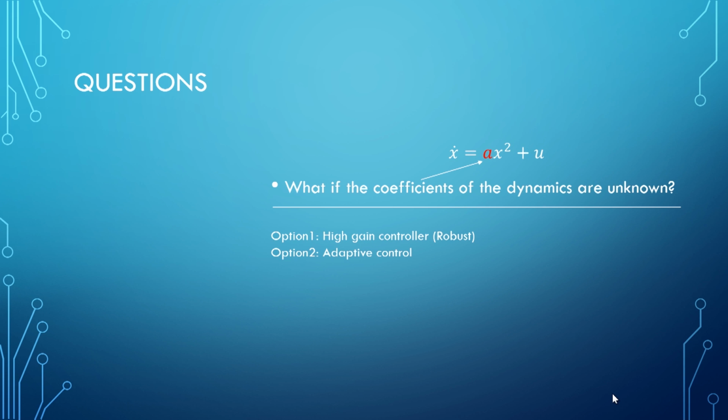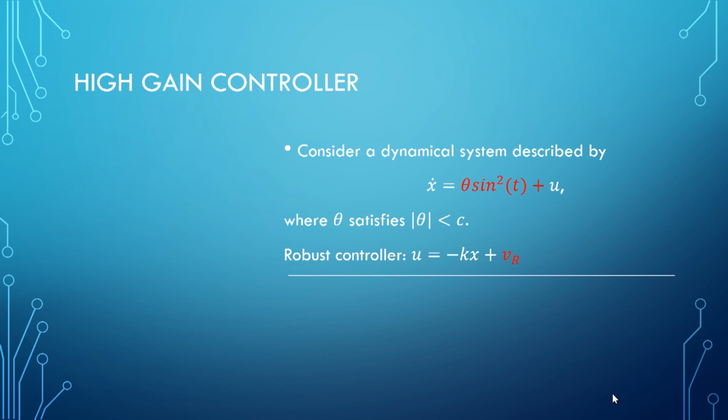You don't know the system parameter, but you put the estimate of this unknown constant in your controllers. Somehow it stabilizes the system, and the stability can be concluded as asymptotically stable. So we will discuss option 2, the adaptive control, later. We focus on the high gain control now.